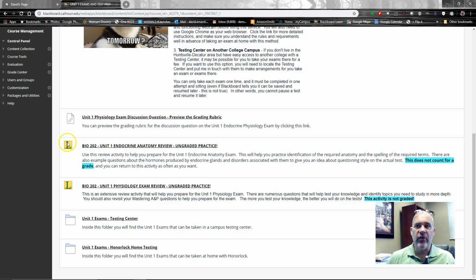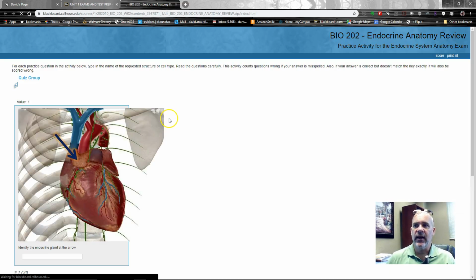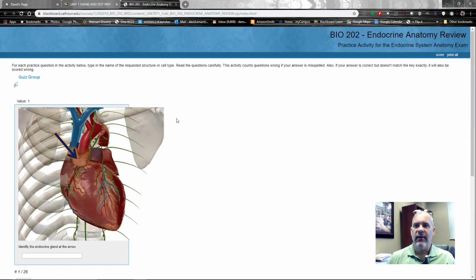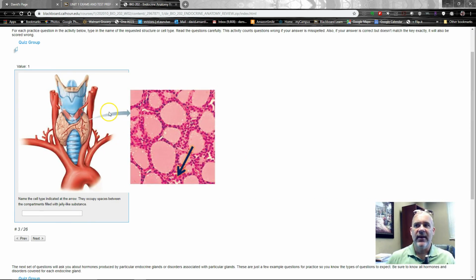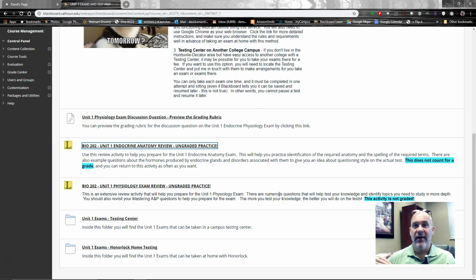These activities with the green L with the yellow box around them are ungraded practice activities. If you go in here, you can scroll through, and there are little quizzes that are very helpful because, for the anatomy lab portion of this course, you're tested through images with arrows pointing at things, and you have to type in the identity, and also spell it correctly.